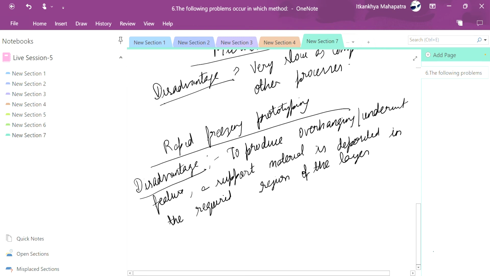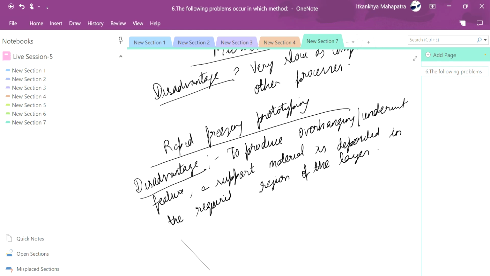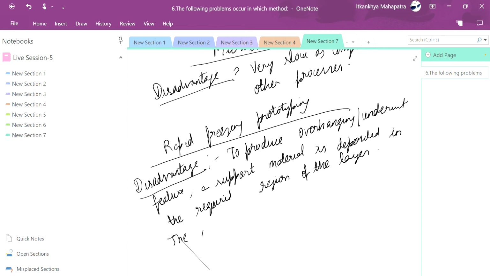But the major trick is the support material is in step 10 eutectic sugar solution.